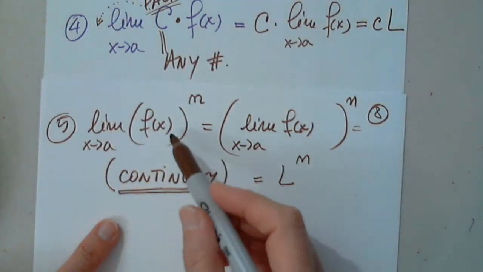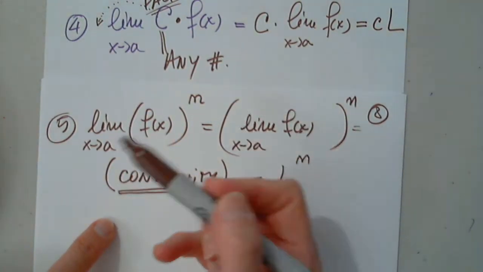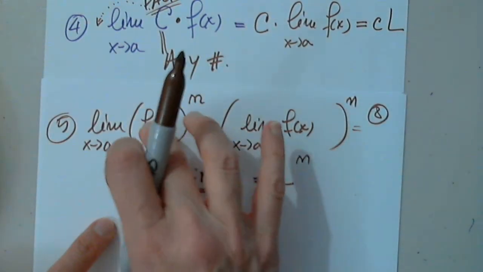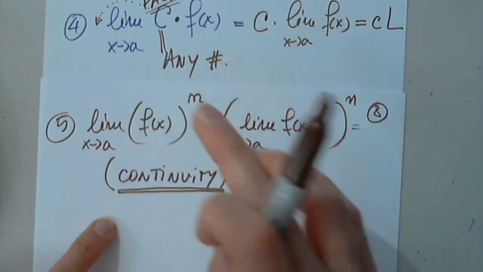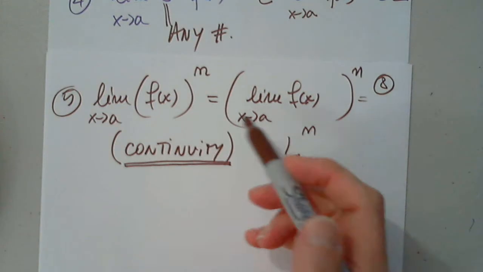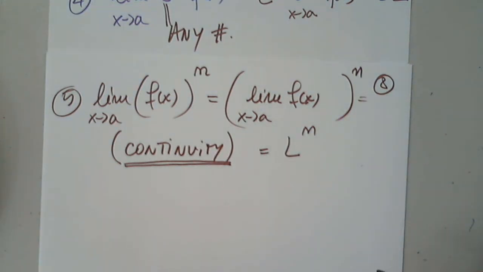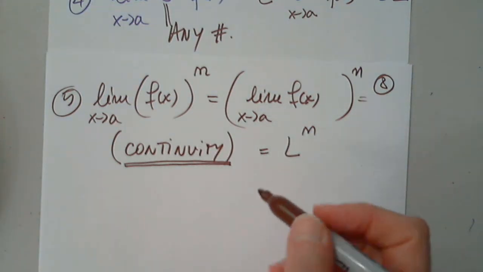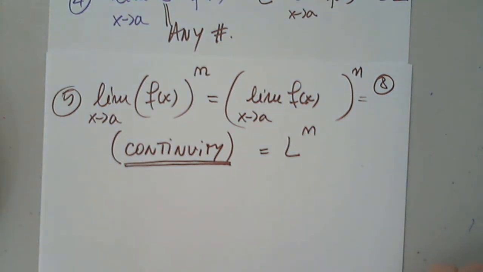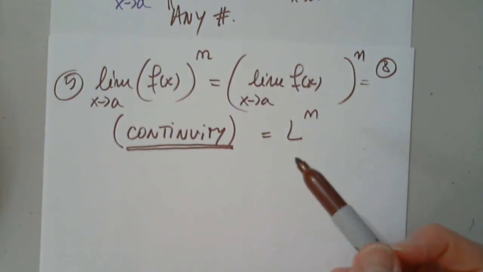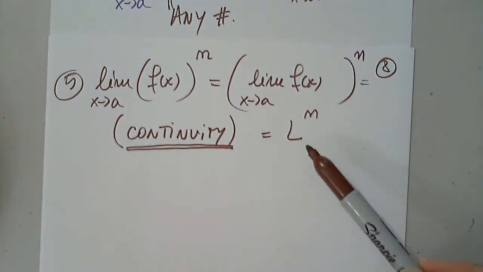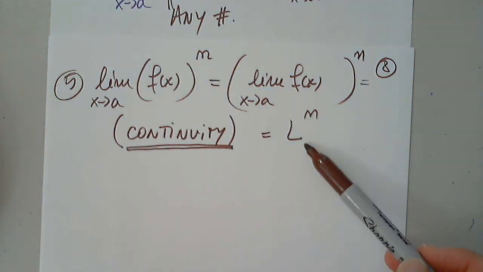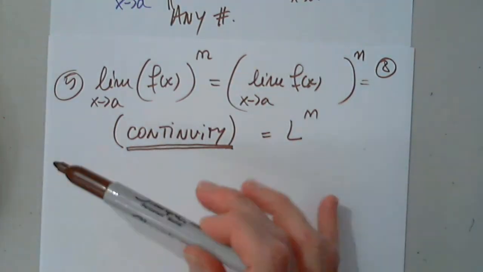This one is just one function. It doesn't matter what function. If it's a product or a sum, it's a function in general. We don't have to write it for g. Of course, there are certain conditions, and if n is negative, then L cannot be 0. But this is a general case.